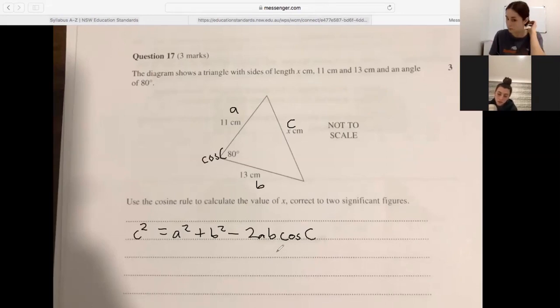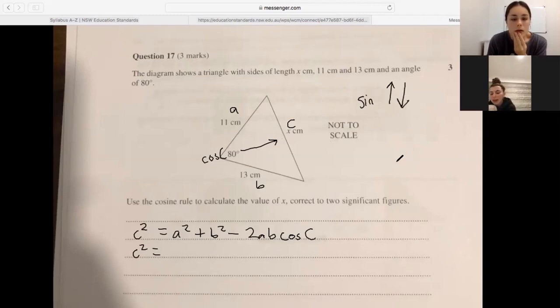So does the A point to the B? You know how I drew an arrow from 80 to C? So we can't use the sine. The sine rule is the one where you do the arrows, and this one we can't do arrows.